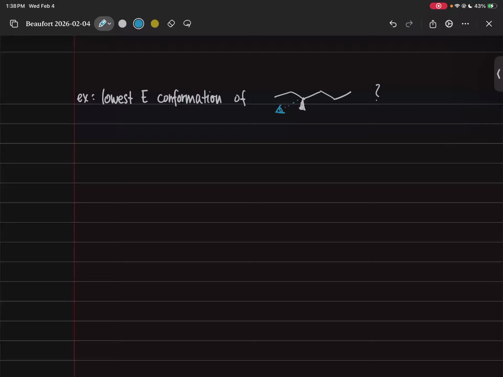for simplicity, I'll specify the direction that I'm going to look at in the Newman projection. Okay.